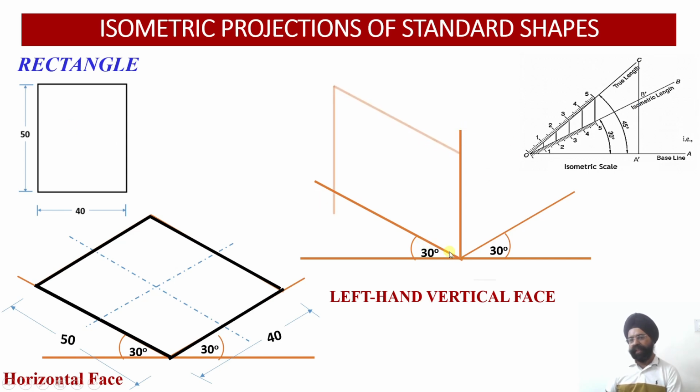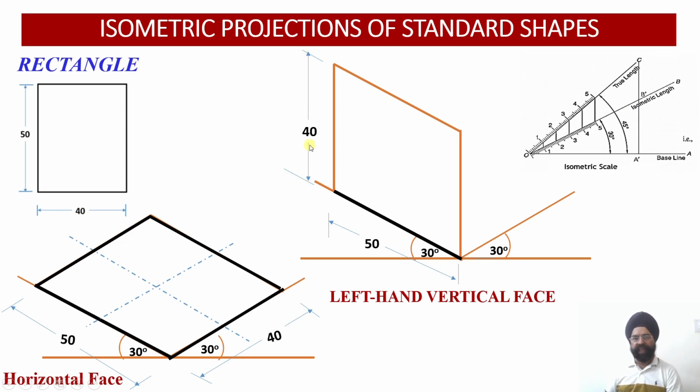Once again, the basic shape of 50 millimeter will be drawn onto the x-axis, and onto the y-axis you see the 40 millimeter height we have drawn. So this is the height of the rectangle, equal to 40 millimeter, drawn on the y-axis, whereas the length of 50 millimeter has been captured on the isometric axis in the x-axis direction.